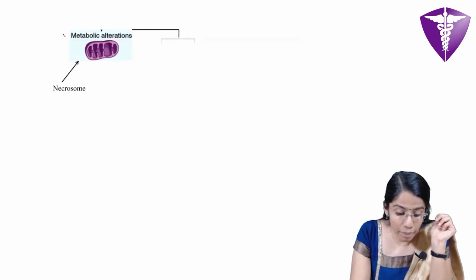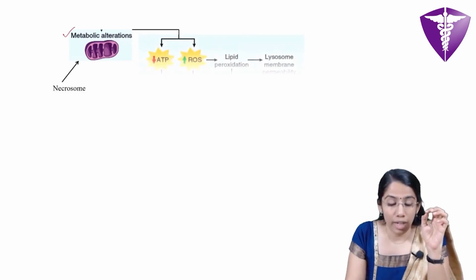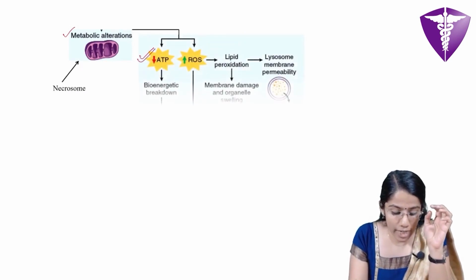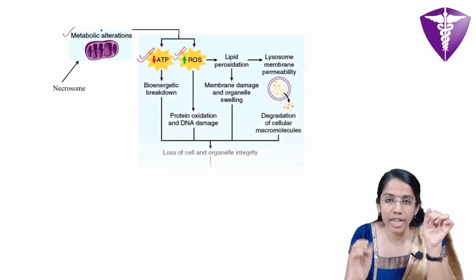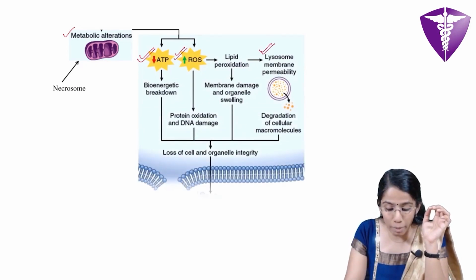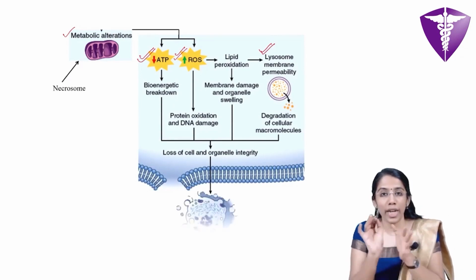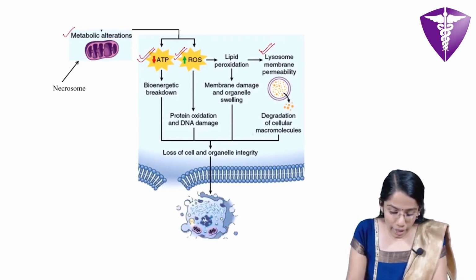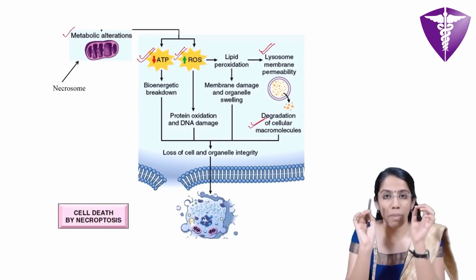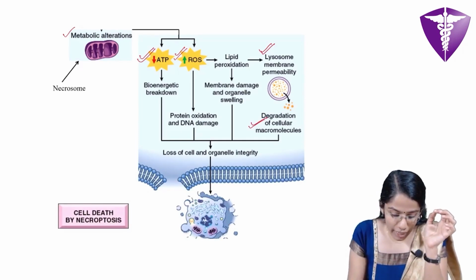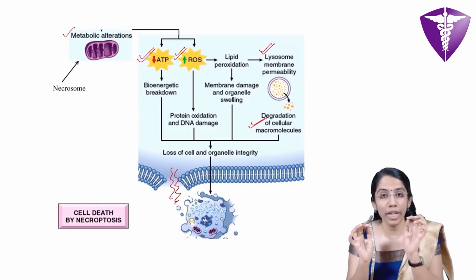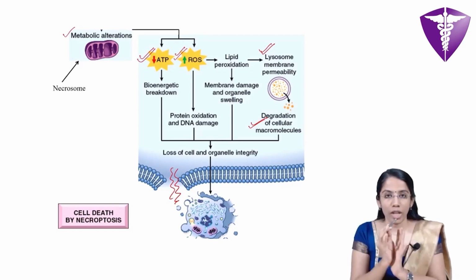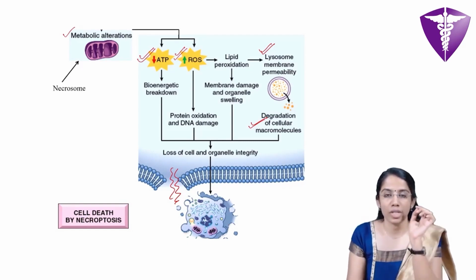This leads to various metabolic alterations, leading to decrease in ATP and increased reactive oxygen species. And this leads to many effects such as lysosomal membrane permeability is lost, all the enzymes leak out and lead to degradation of the cellular macromolecules, and eventually it degrades the membrane also. So cell death, when it finally occurs, morphologically resembles necrosis. So that is what happens in necroptosis.